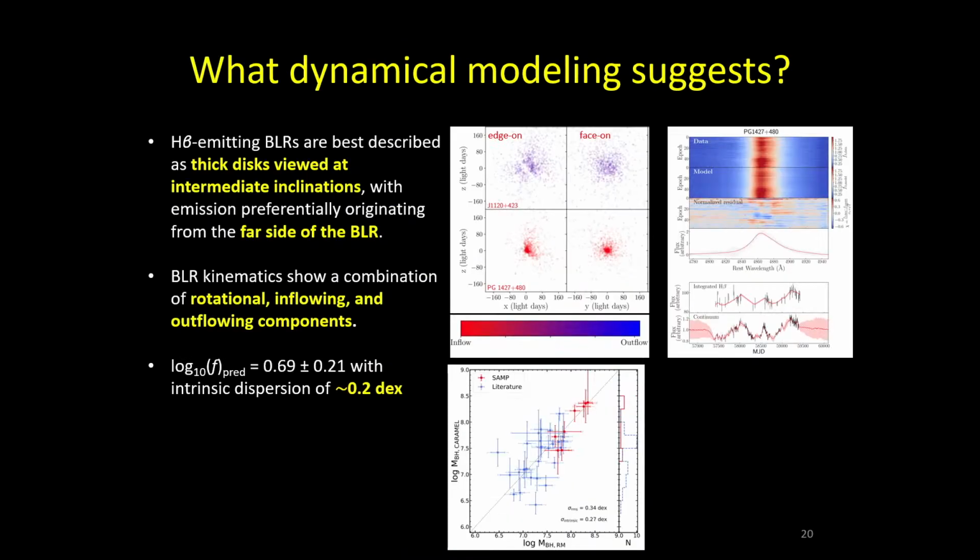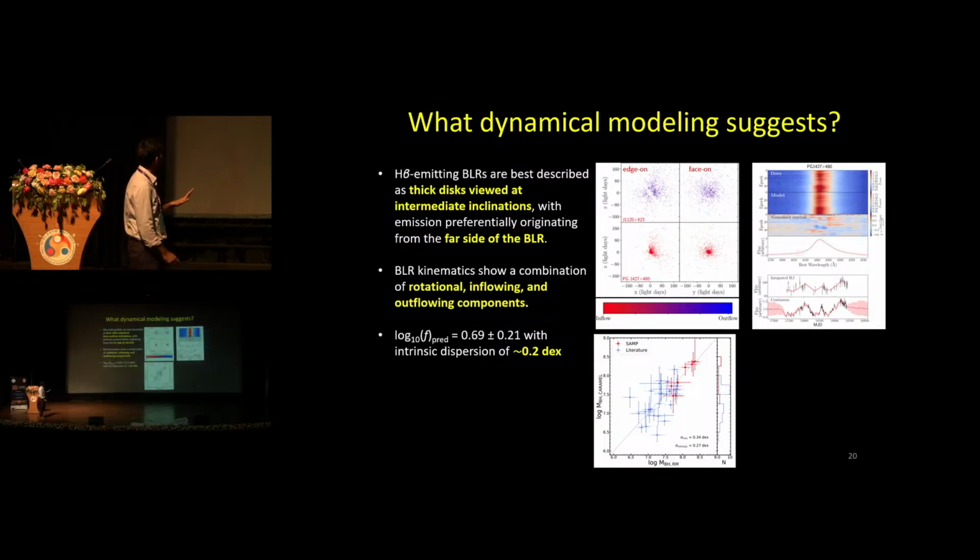So since we have very good quality data over the years, we could also probe what is going on in the center, the subparsec region of AGN. We did some dynamical modeling, and we see the different distribution in XZ, if you are looking at the central engine in XY edge on as well as face on, for two different objects.